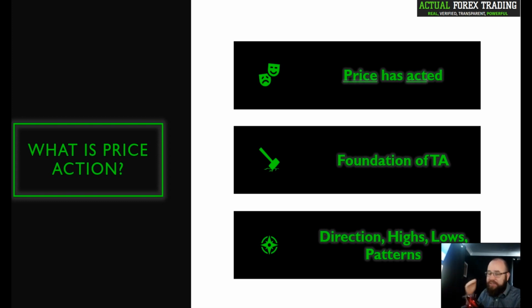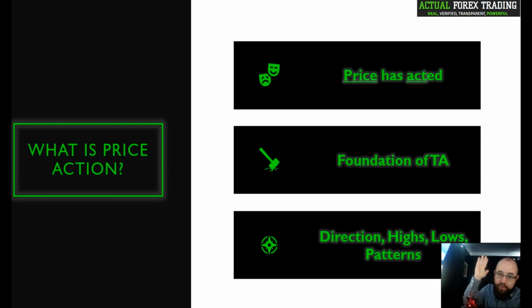Okay, so what is price action? Point one at the top here. It's how price has acted. If you think of a chart with an x-axis and a y-axis, at the bottom of the chart you'll have the date or dates.